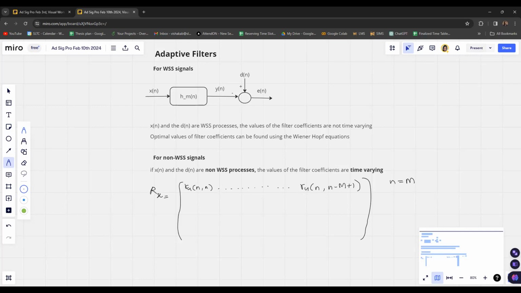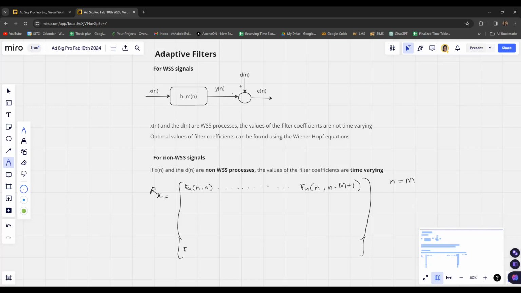So if you make the number of samples equal to m, then the autocorrelation that you are considering here is the autocorrelation between the time index 1 and n. So you will be considering m time samples in one situation.